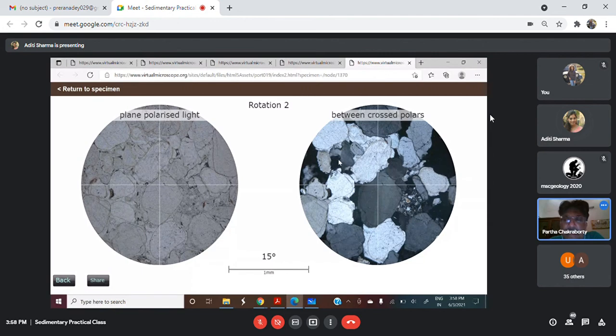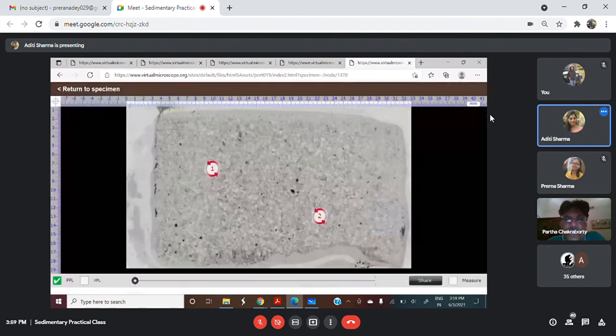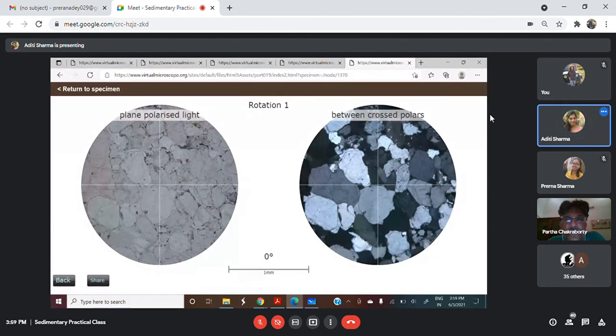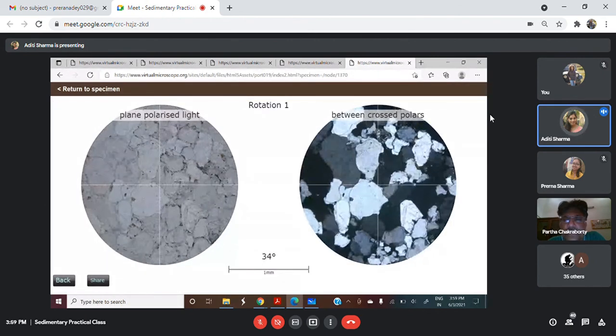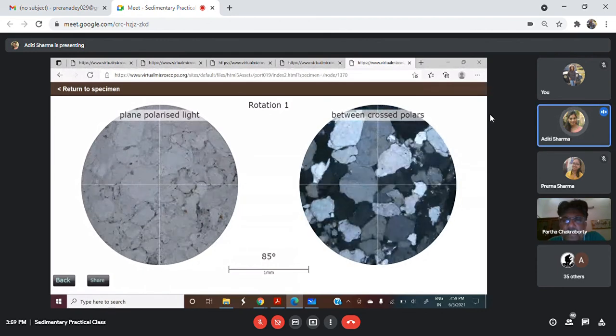Silica cement, students, if people could find how is silica cement? Yes, sir. So, sir, shall I change the view? So it is the same sample from the same rock.